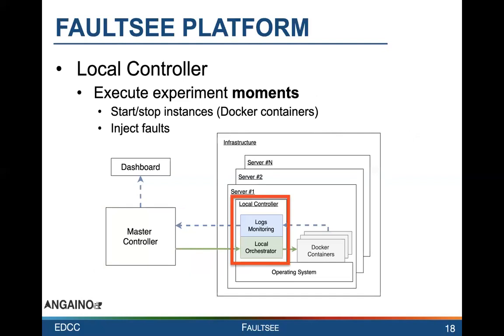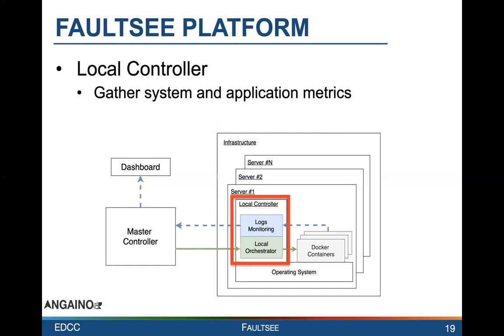The local controllers receive this intermediate representation and start to execute it by starting and stopping instances, injecting faults as described in the experimental plan, and they also gather system and application metrics that can be later analyzed by the experimenter.